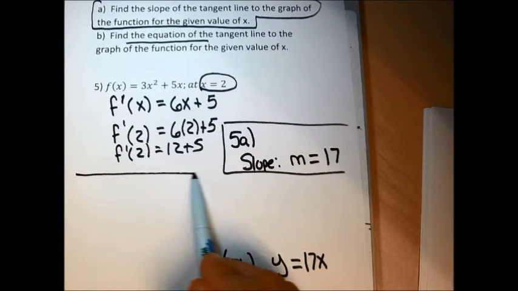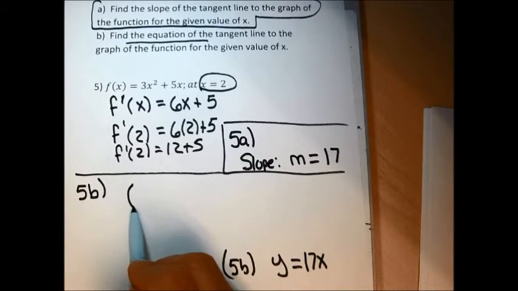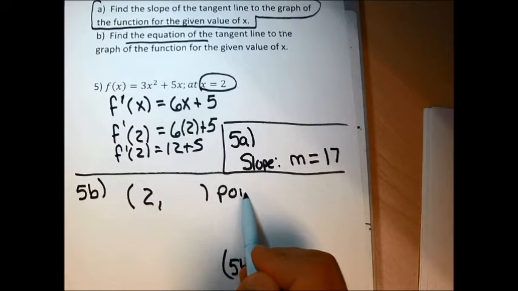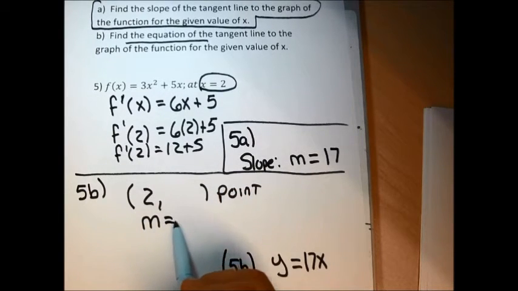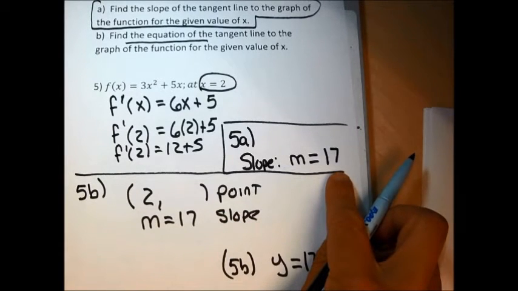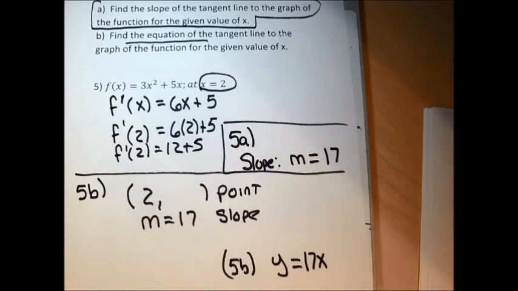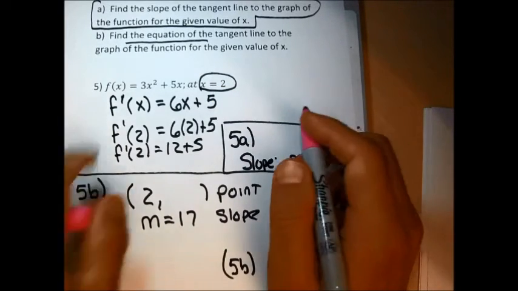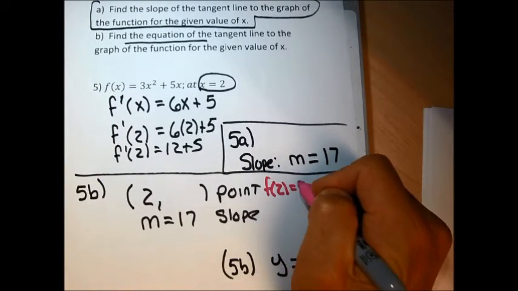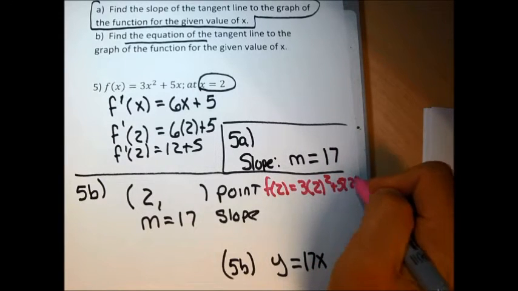And in order to do part B, to find an equation of any line, I need a point and a slope. The slope I got from my work in part A, the x-coordinate of the point I got from the problem itself. The y-coordinate of the point, I need to plug 2 in for x. So I'm going to go f of 2 equals 3 times 2 squared plus 5 times 2.